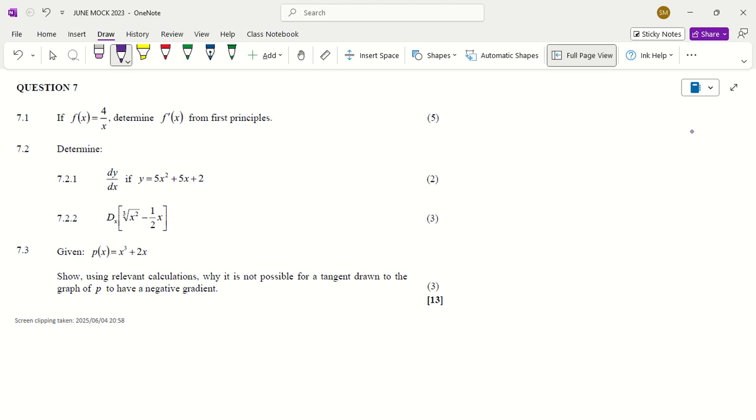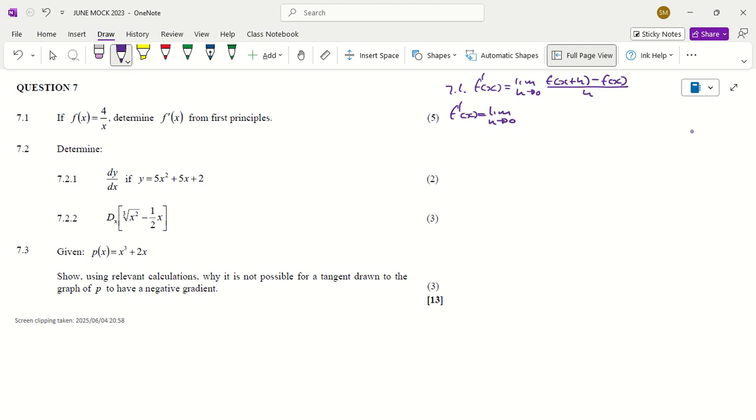You remember that the equation for first principles is that the derivative, or the gradient of a function, is equal to the limit of h approaching 0 of f of x plus h minus f of x all over h.